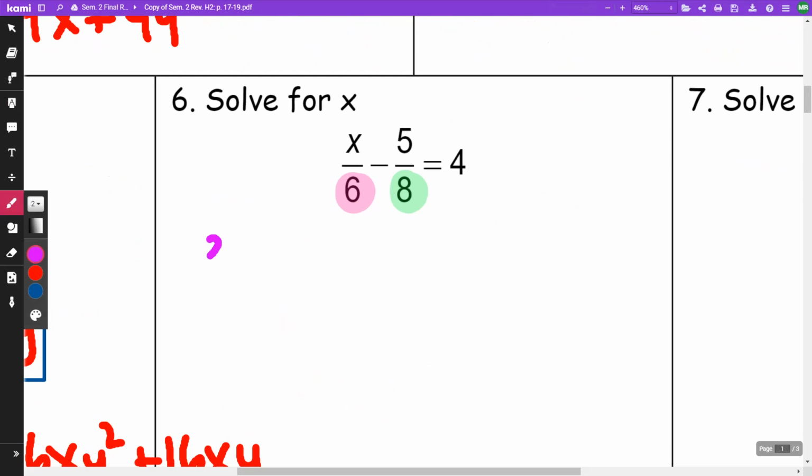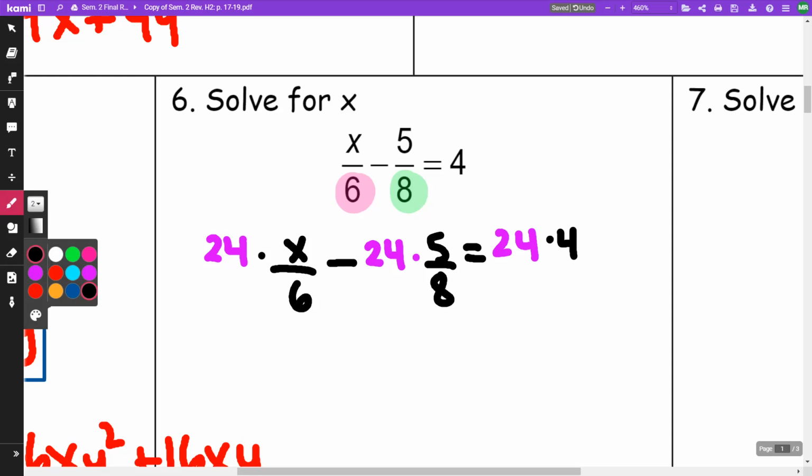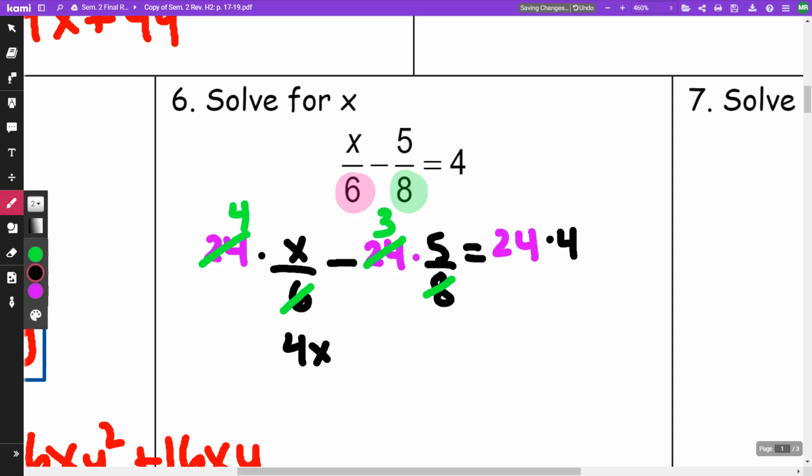So I'm going to go 24 times x over 6 minus 24 times 5 over 8 equals 24 times 4. And then 6 goes into 24 4 times, so I'm going to end up with 4x. 8 goes into 24 3 times, and I'm going to end up with a negative 15 when I multiply that out.